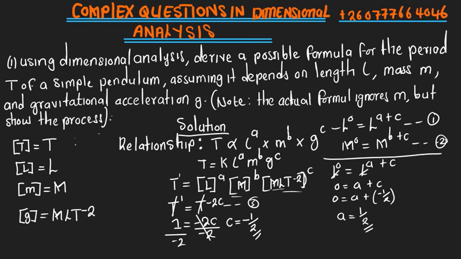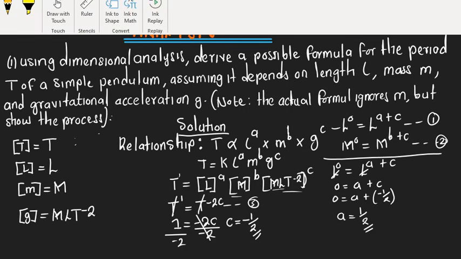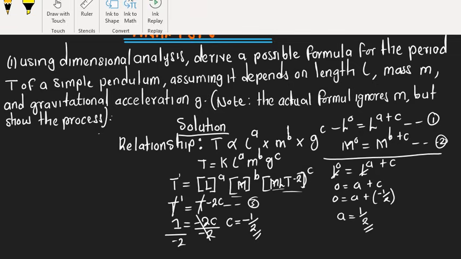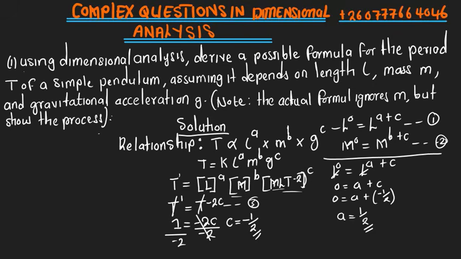Now, what happens when you reach here? Let me wrap the board. I want you to pay extra attention to what is going to happen here. Let's try to solve for B. M to the power 0 is equal to M B plus C. What is M?